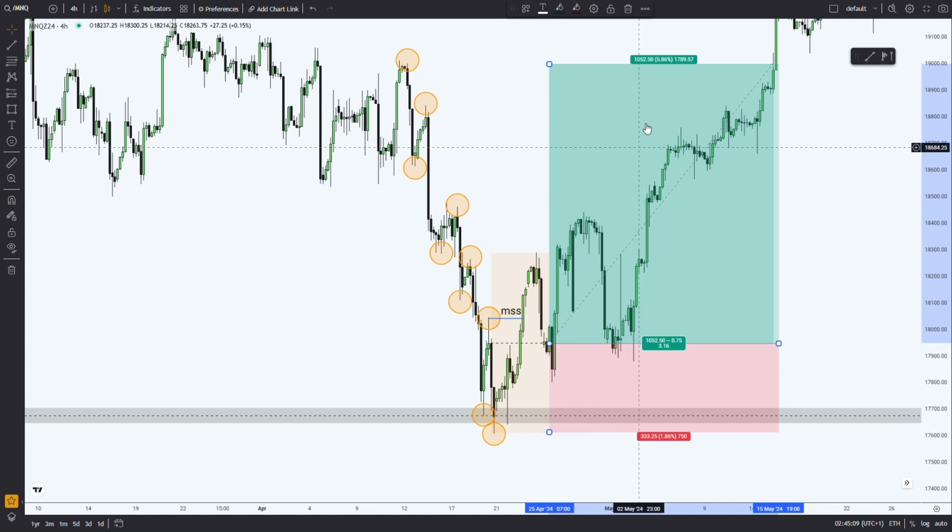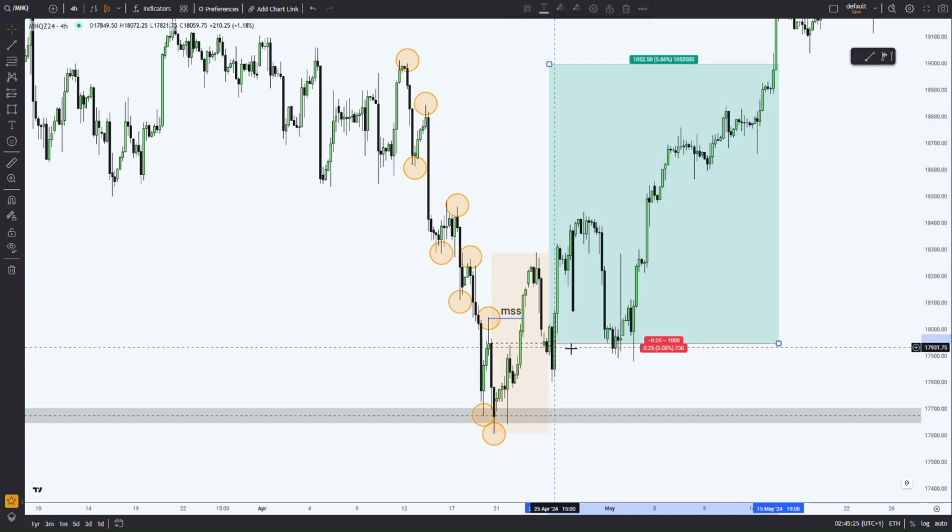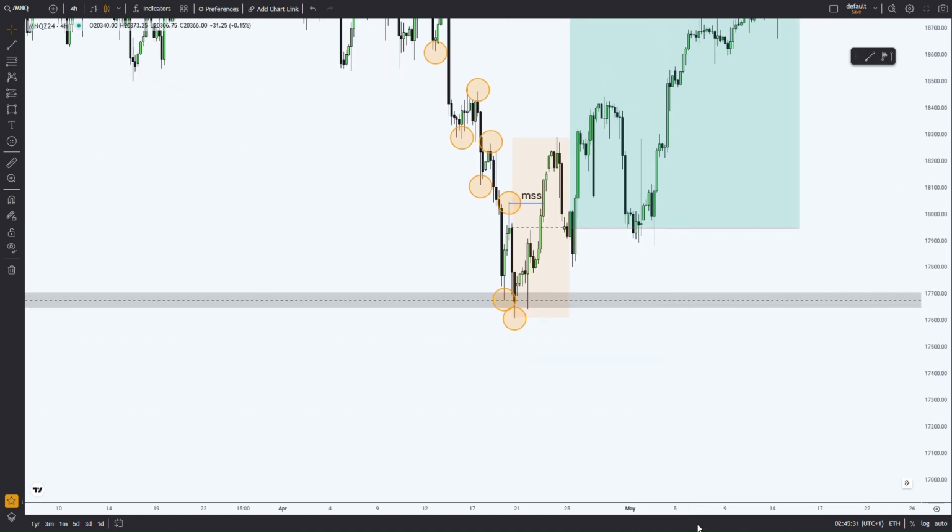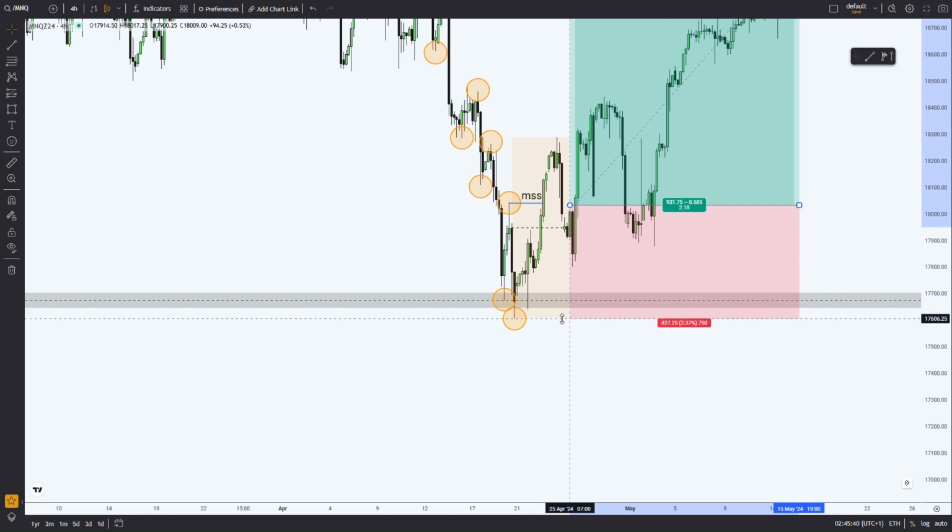If the market goes up and touches this level, you win $3.16. $3, okay? You have to always put your risk limit. You don't do something like this, enter and wait for profit, and if price goes down, you keep losing more. No, of course. You have to always minimize your risk, like this.